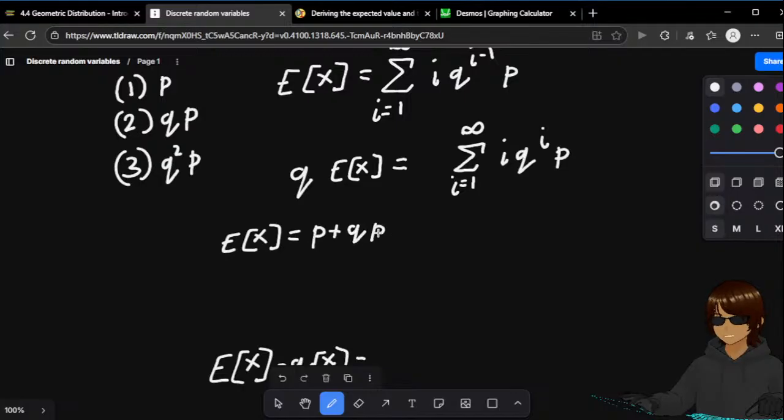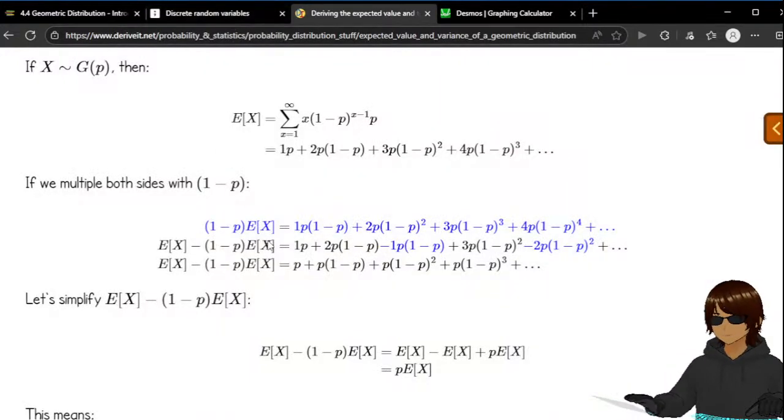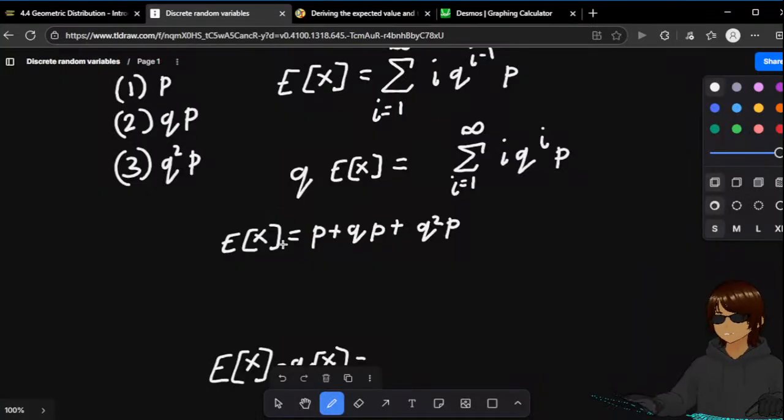Plus QP plus Q square P. Oh no, wait, I forgot. 1, 2, 3, 4, 5.